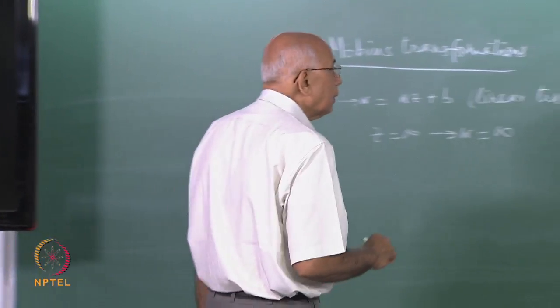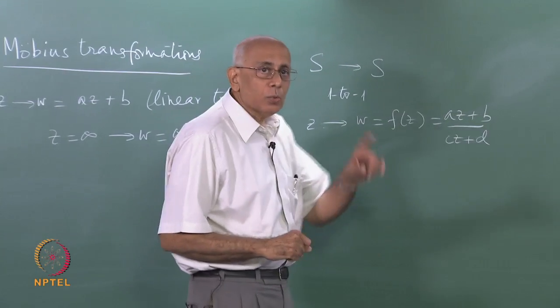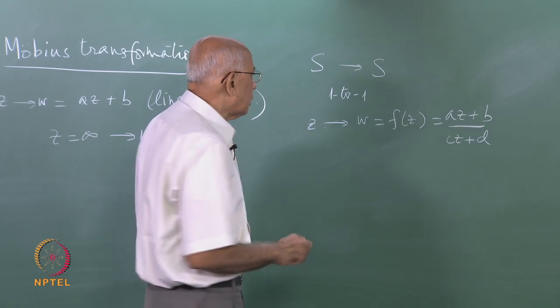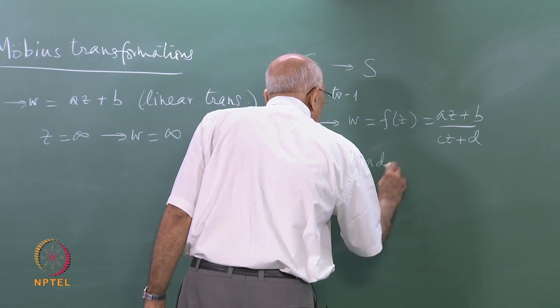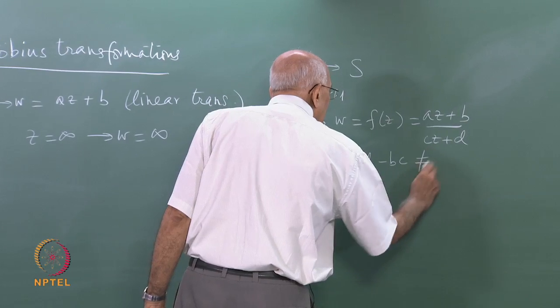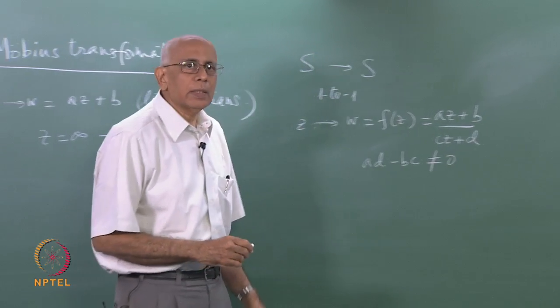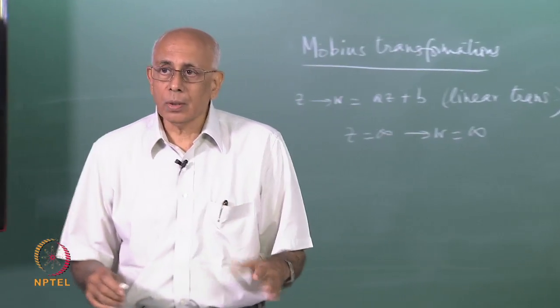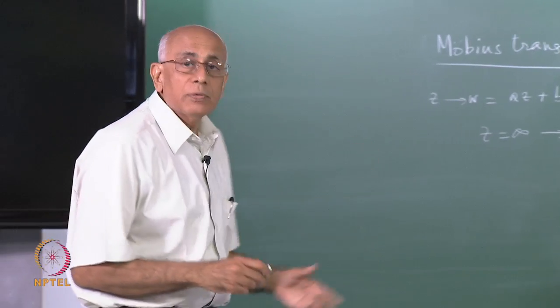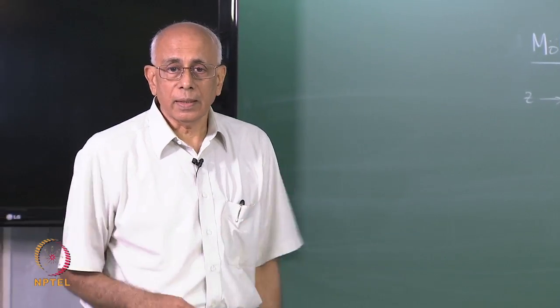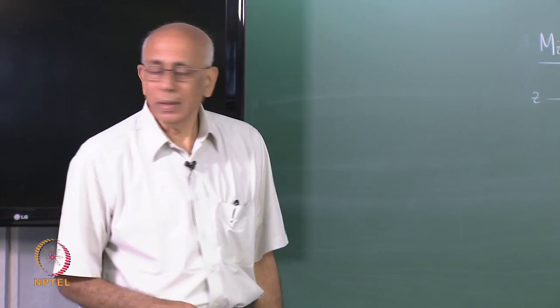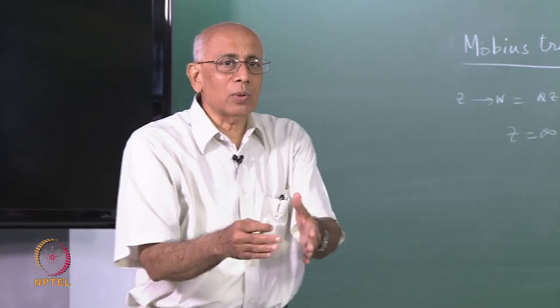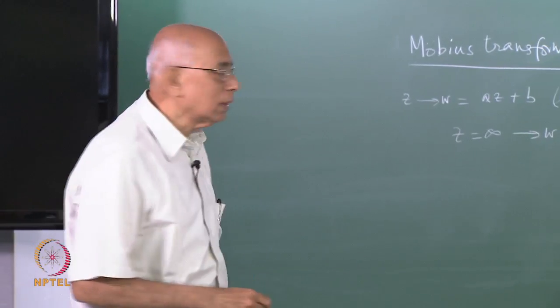Here A, B, C, D are arbitrary complex numbers with just one proviso, and that proviso is that the determinant AD minus BC cannot be equal to 0, because it is easy to see that if AD minus BC should turn out to be 0, then f of Z is a constant for all Z, and that is not a very interesting map. All the points in the Z plane are mapped onto a constant, and that is the end of it.